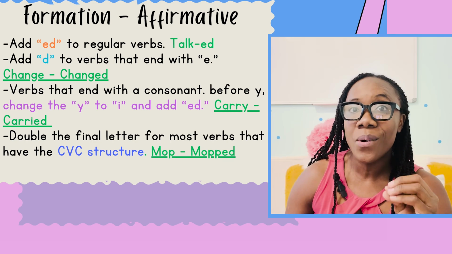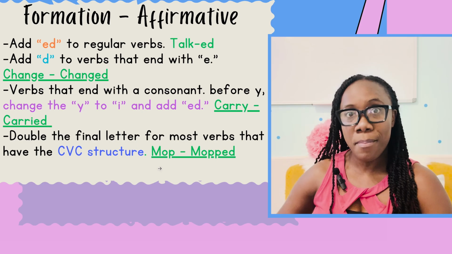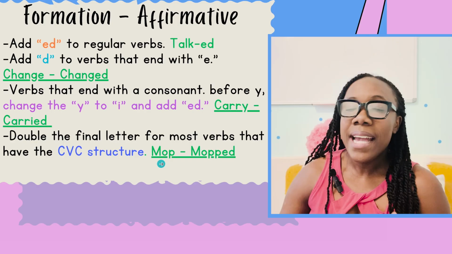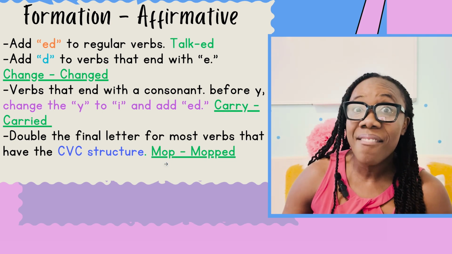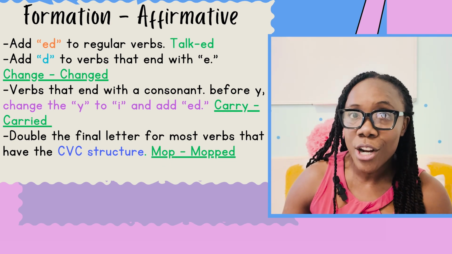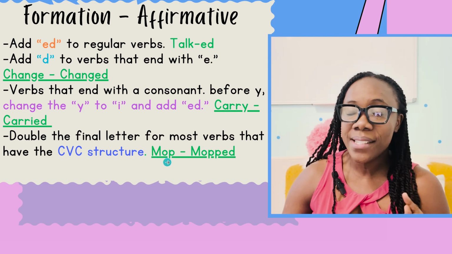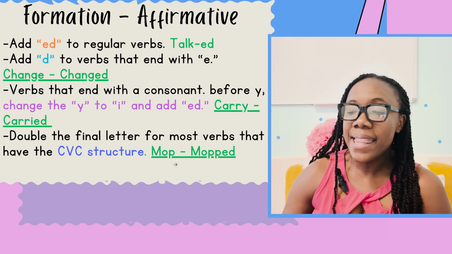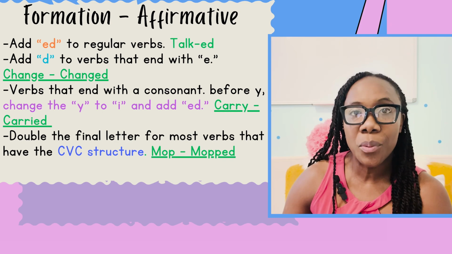In the verb mop, you have a mop and you mop the floor. You mop the floor in your house. It only has 3 letters, but those 3 letters do have the CVC structure. M is a consonant, O is a vowel, P is another consonant, and therefore the past tense of mop is mopped with double P's.